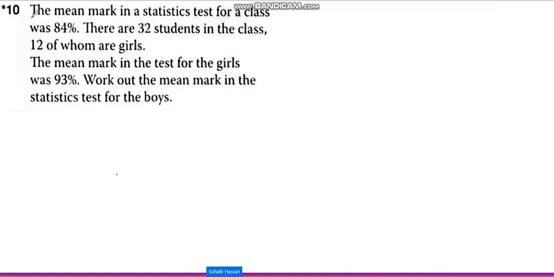So first of all, we need to represent the first statement in mathematical form. It says that the mean of the test mark was 84%. Means the mean should be the sum of the students' marks divided by the total number of students.